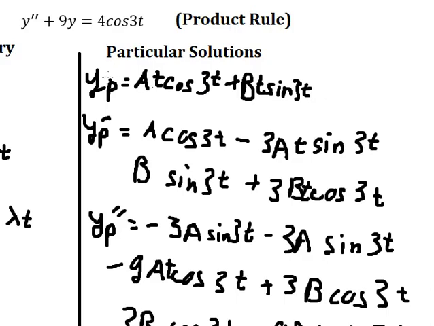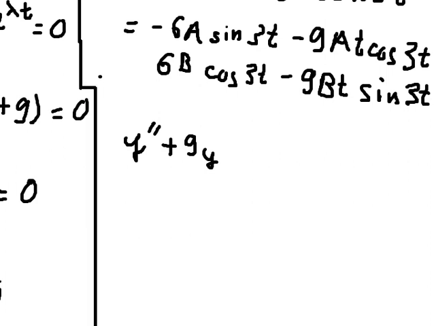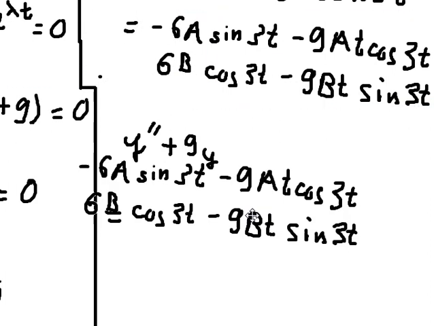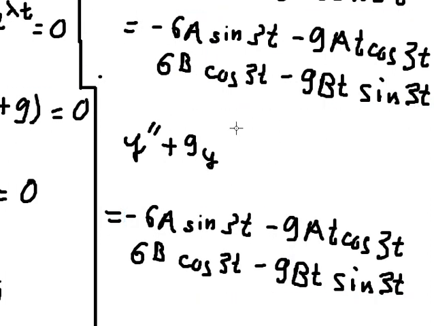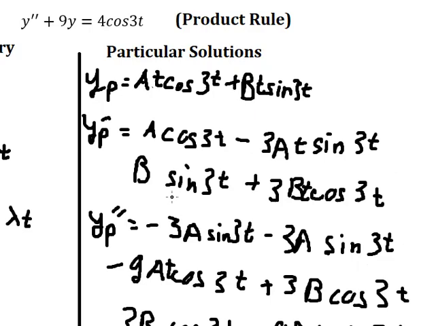Now we put this one in here. So in this case, this one, that is this one, and number 9 multiplied by this one.